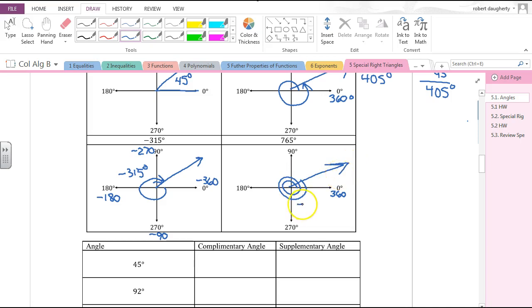So that is my 765-degree angle. So it went 2 complete revolutions, that's 720, and then if I go 45 more, that's 765. What's the angle from here to here? 45 degrees, okay? I went 720, and then I went 45 more to get to 765.